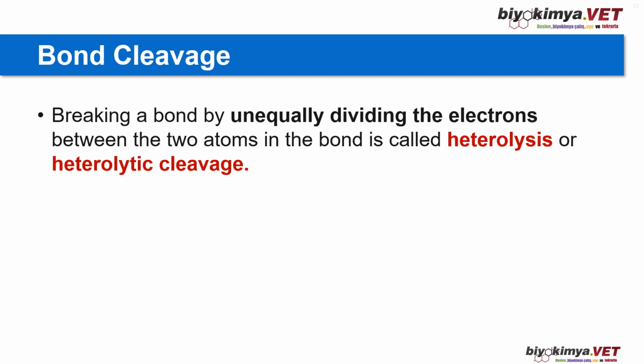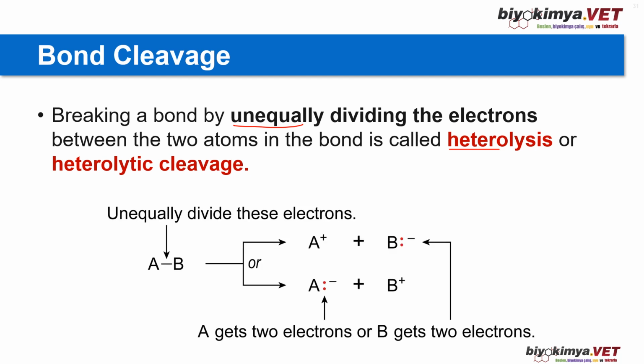Breaking the bond by unequally dividing the electrons between the two atoms in the bond is called heterolysis or heterolytic cleavage. And here, heterolysis of a bond between A and B, now we have a heterolytic cleavage, can give either A or B the two electrons in the bond. So this means in this example, B gets two electrons.